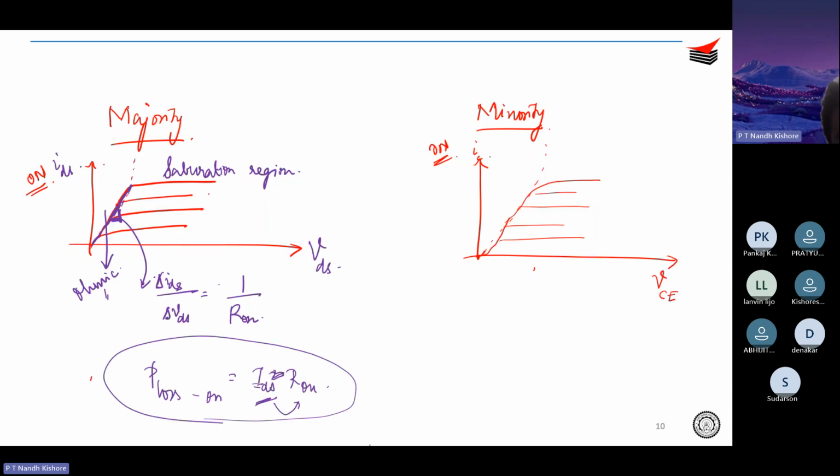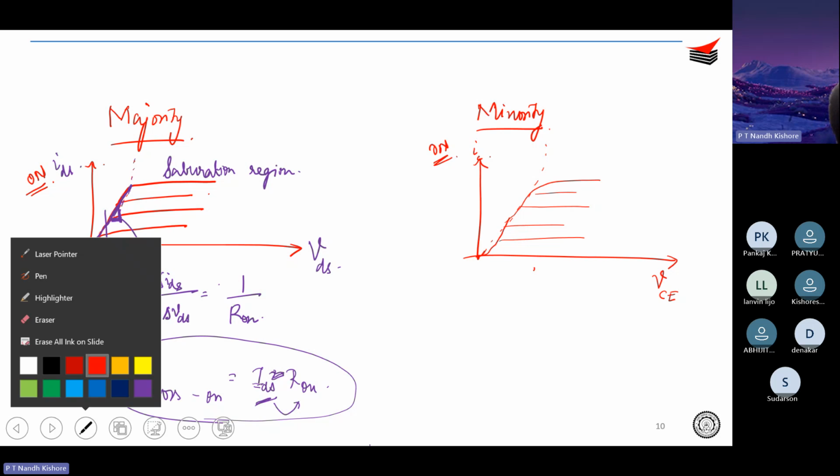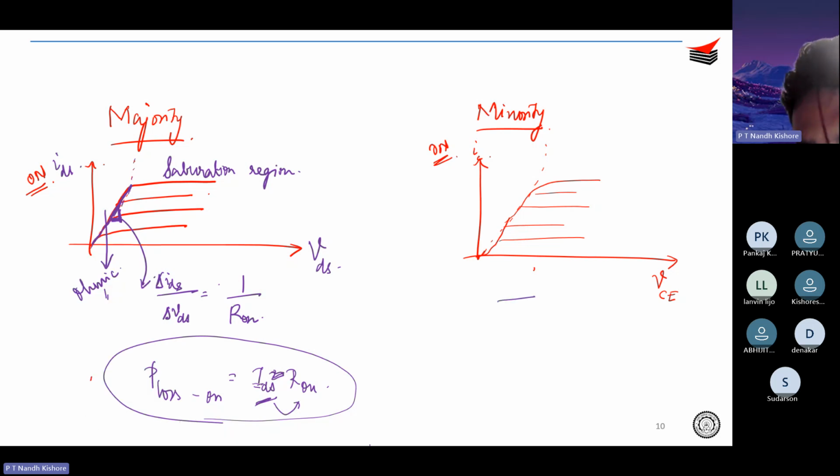So what happens is the loss across the IGBT, right? When the IGBT is turned on, so you have your IGBT. This is your collector, emitter, and then your gate. So when you apply a positive VGE over here, then there will be a constant drop VCE that occurs.